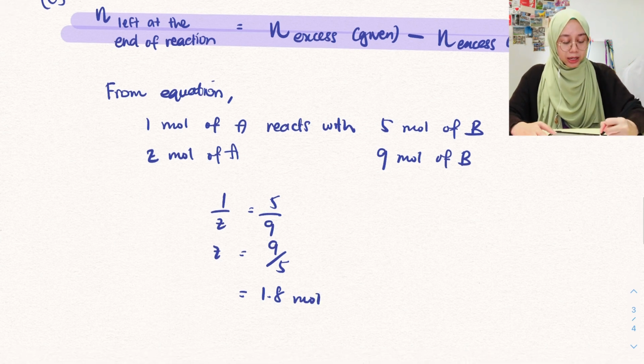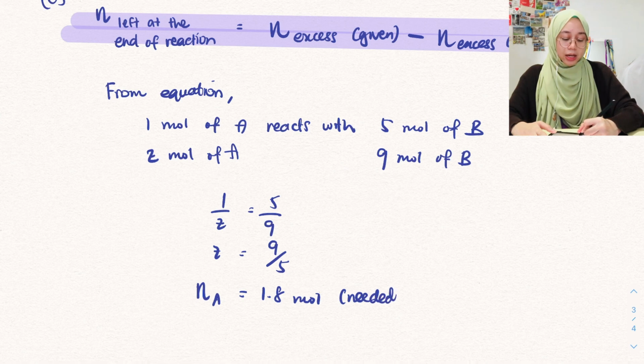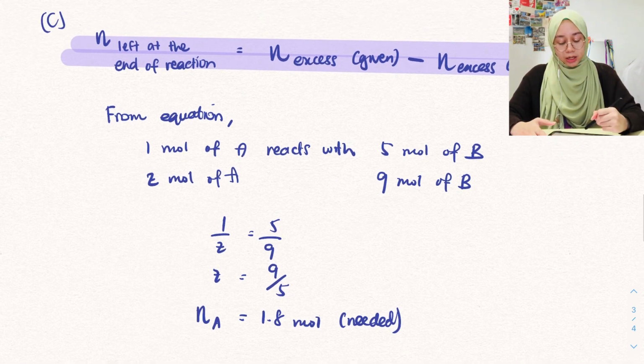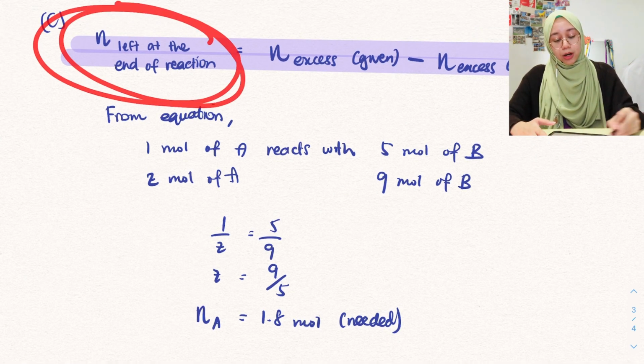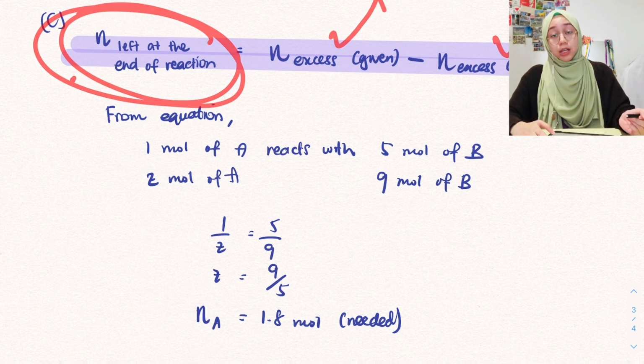Mol siapa ni? Ini adalah mol of A. Mol apa? Needed. Okay, so since you have the mol needed already, so now you can look for the mol left at the end of the reaction because you already have the given and you also have the needed part.